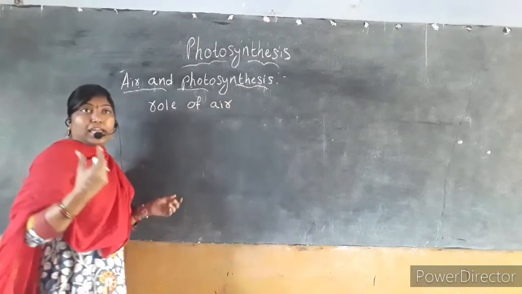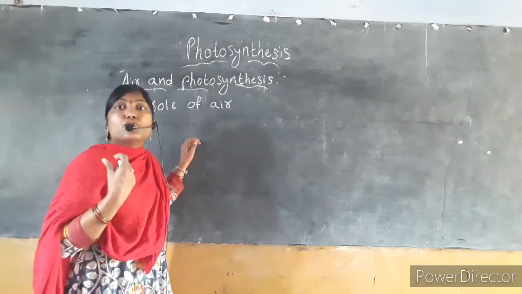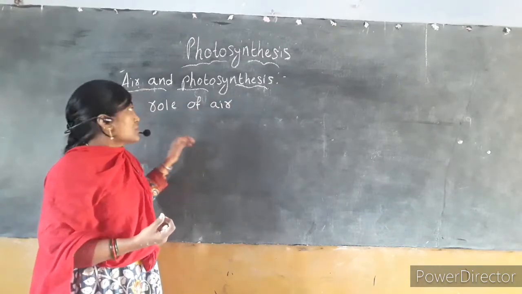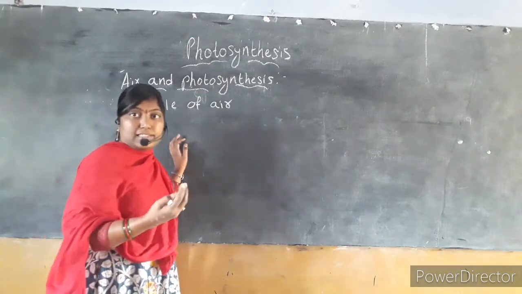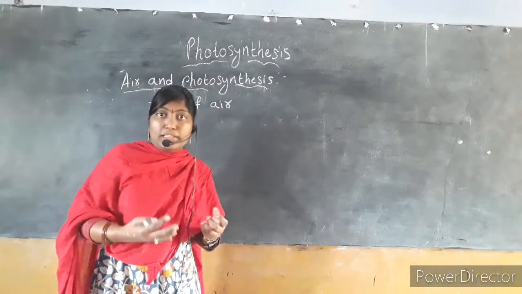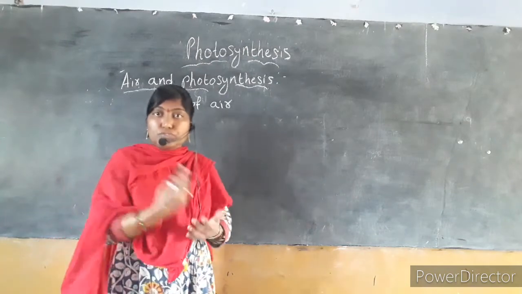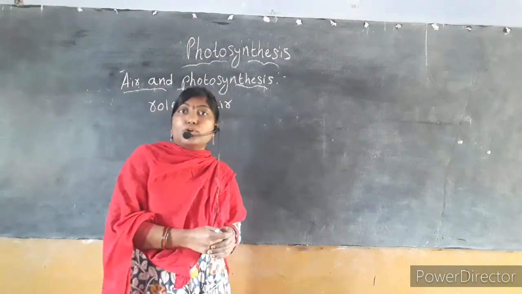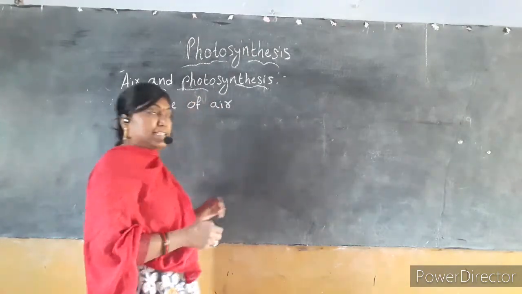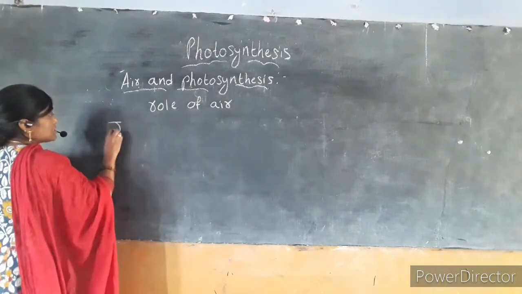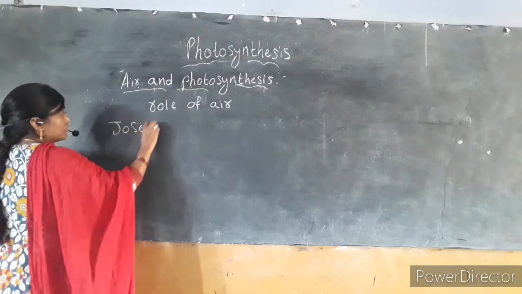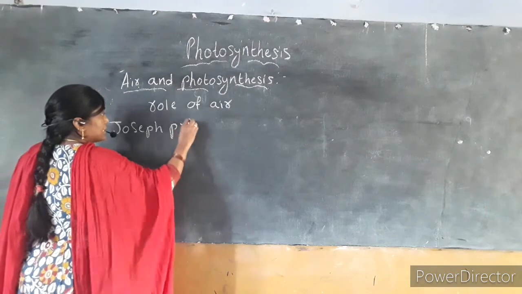What is the role of air in the process of photosynthesis? Several scientists have conducted many experiments on photosynthesis. Now I am going to tell you about one of them. His name is Joseph Priestley.